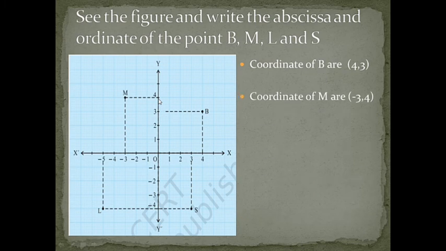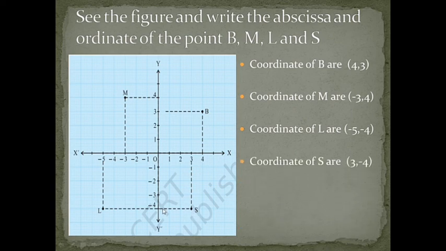Then the abscissa of L. The abscissa of L is, abscissa means x, that is -5, and ordinate means y, that is -4. It means the coordinates of L are -5, -4. Then S. The abscissa of S is 3 and the ordinate of S is -4.